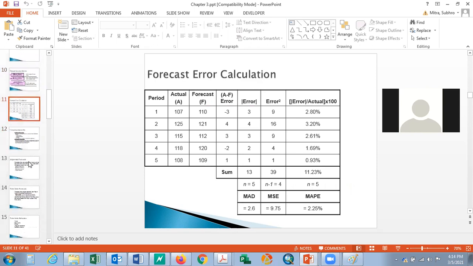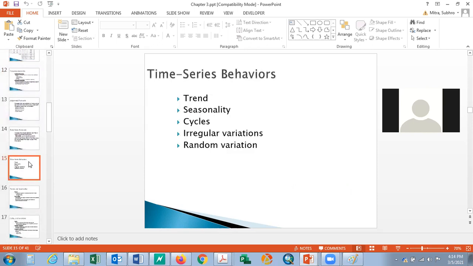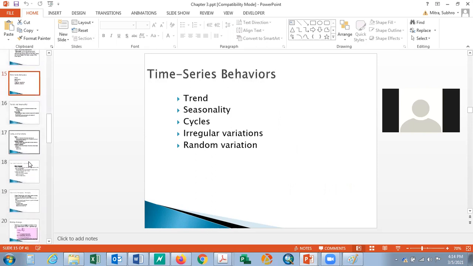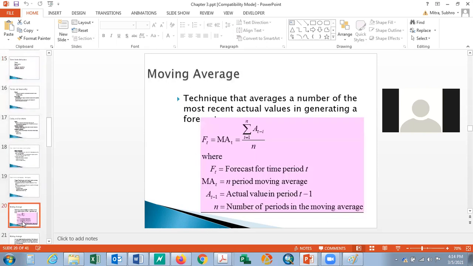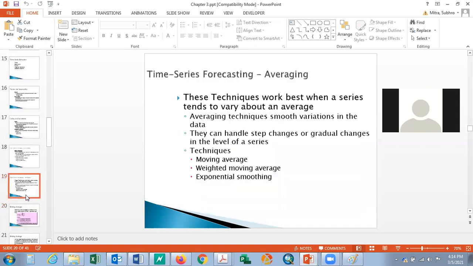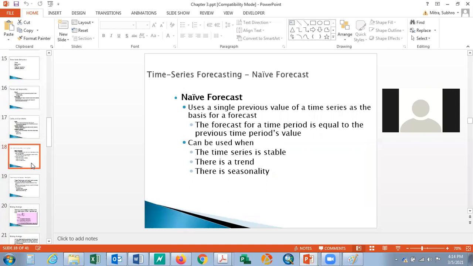Okay, so I'll move forward. Now, forecasting, there are 4 different techniques of forecasting which are discussed here. One is the naive technique.